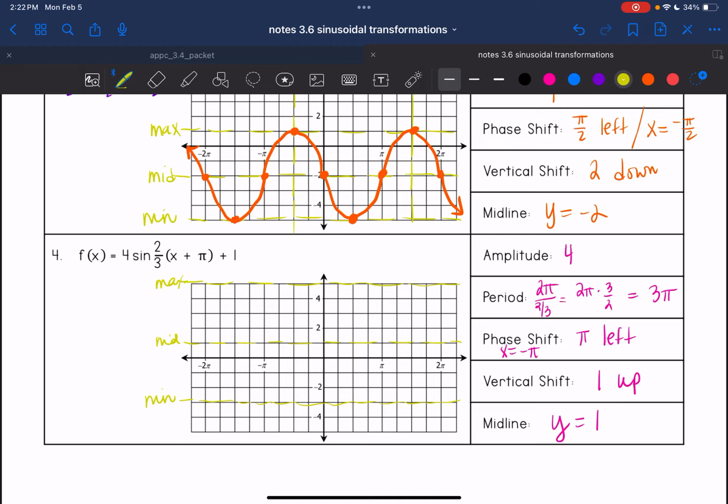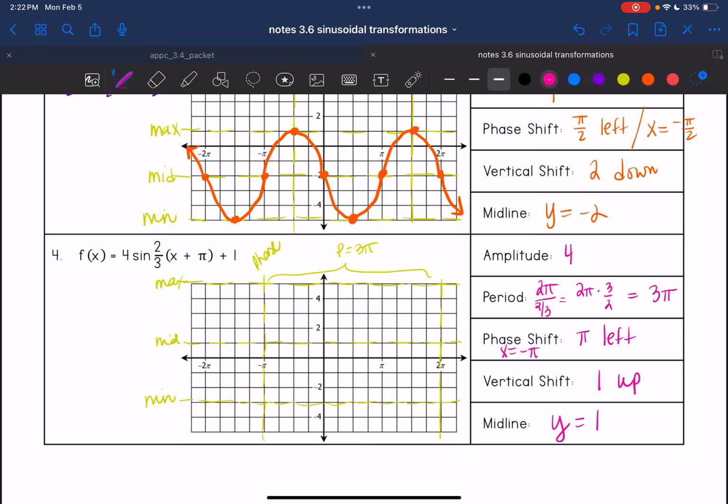Phase shift is it's going to go pi to the left, so I can start at negative pi. Then it's going to take 3 pi, but that's basically negative 1 plus 3, so it's going to stop at 2 pi. So our entire sine cycle needs to fit in here.